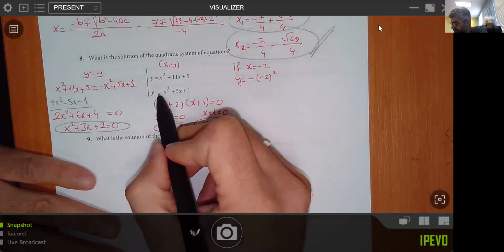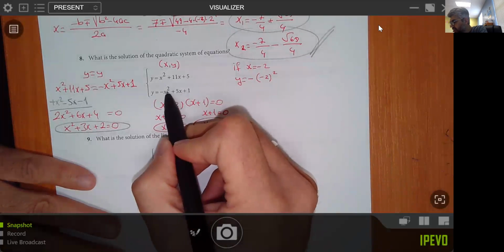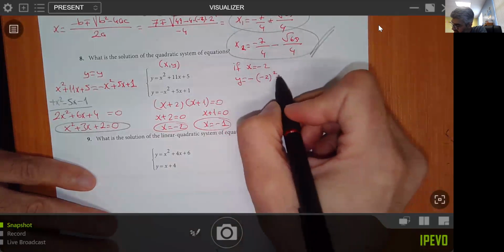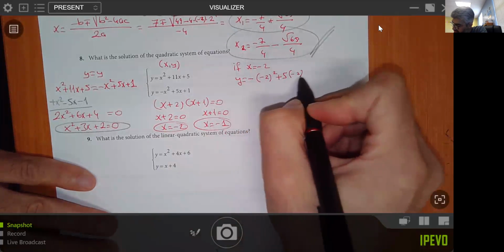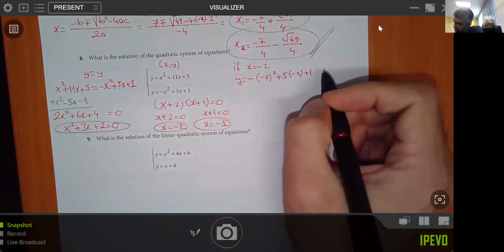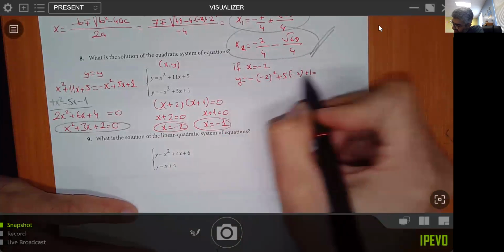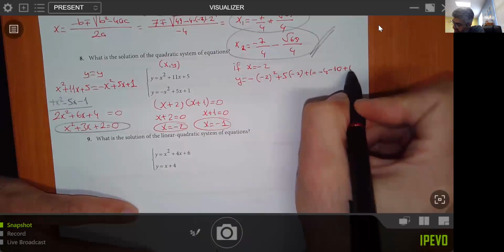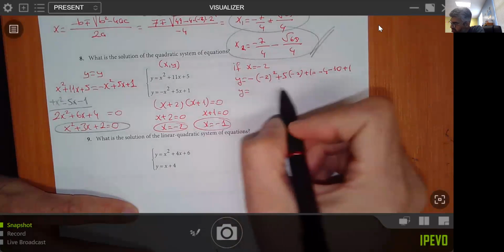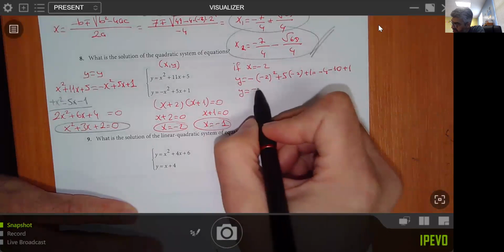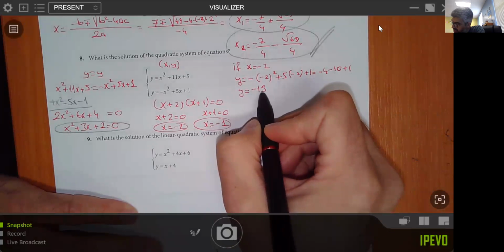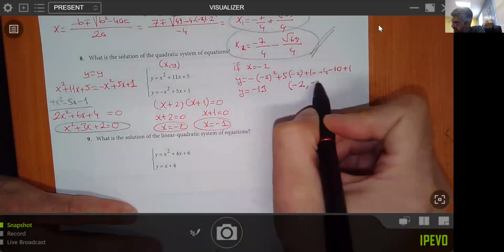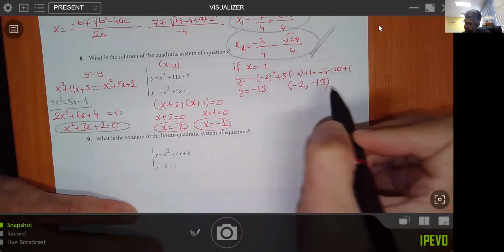Negative comes from the function, and x is negative 2 squared, plus 5 times negative 2 plus 1. What do I have here? Negative 4, negative 10 plus 1. So y equals negative 13. So the first intersection point, first solution, is negative 2, negative 13. Okay?